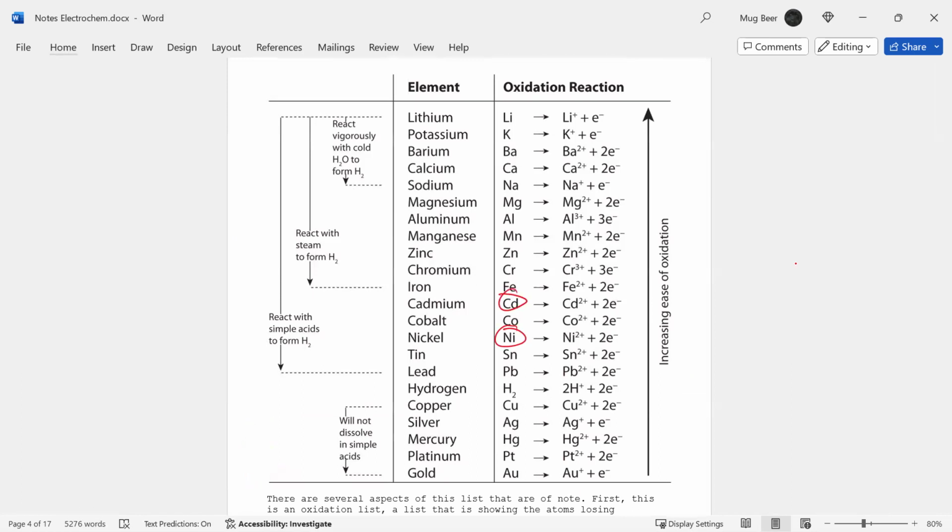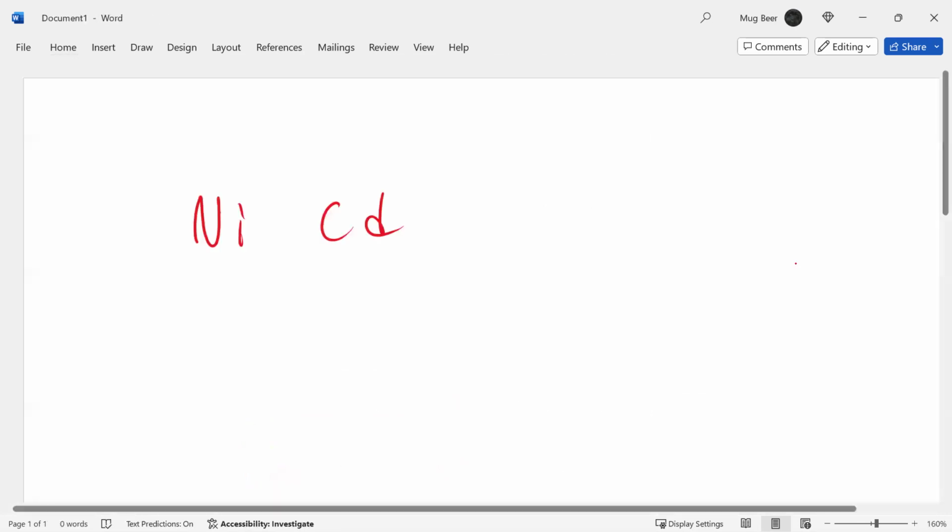Which of those two metals is more active? The cadmium. You can always figure out that the ones at the bottom don't react, so those are the least active, and the ones at the top react the most. If you're in the middle, just go by whoever is higher. So the cadmium is more reactive.